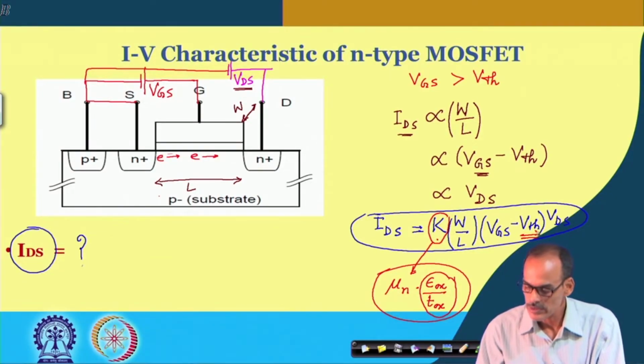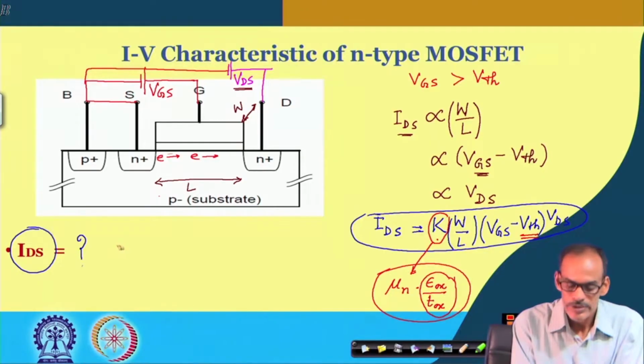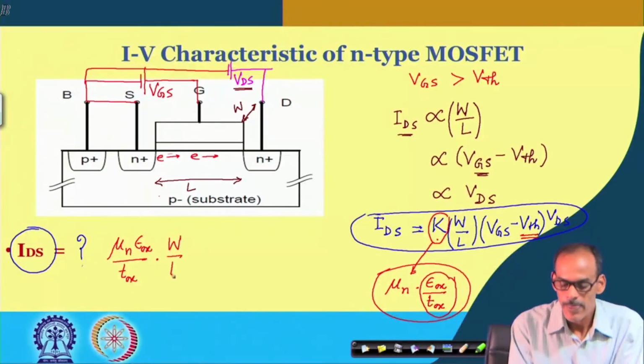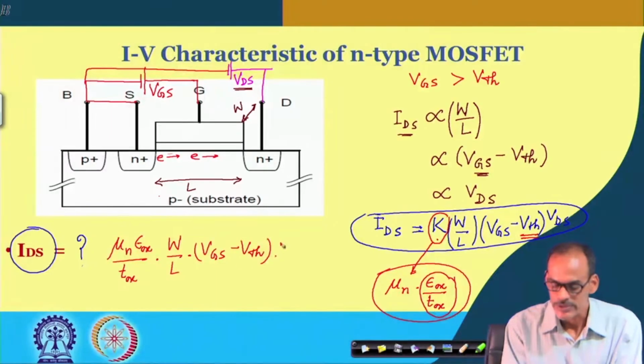So, in summary, the expression of this IDS is mu epsilon oxide divided by oxide thickness T ox into W by L into VGS minus VTH into VDS.